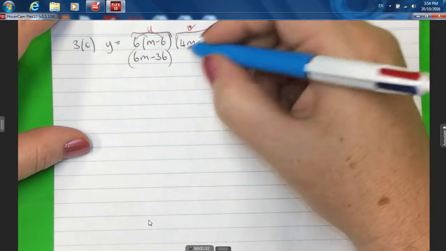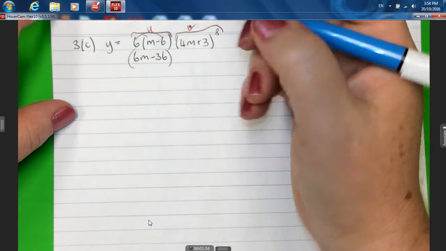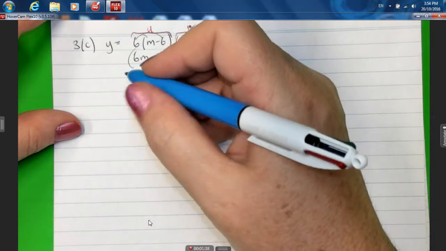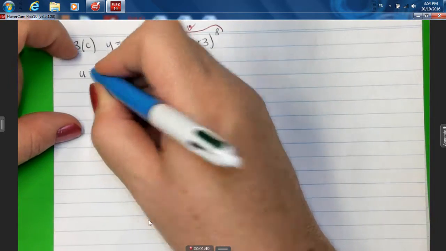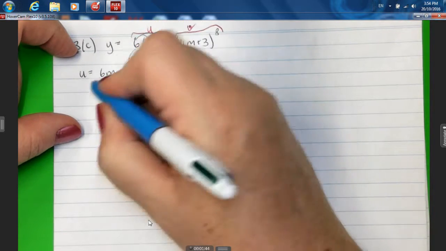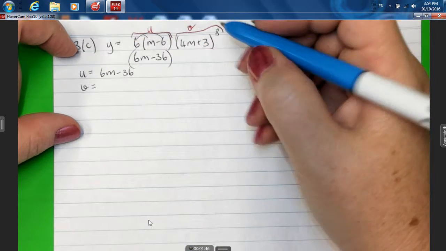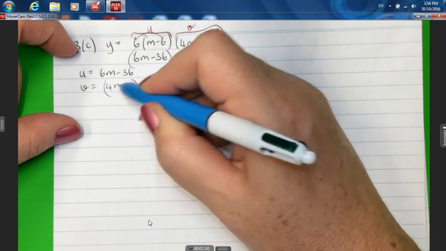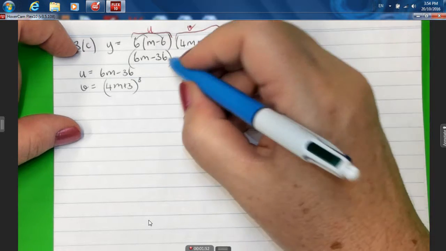So let's write out each of those parts and then differentiate where we can. So u is 6m minus 36, and v is 4m plus 3 to the power of 8.